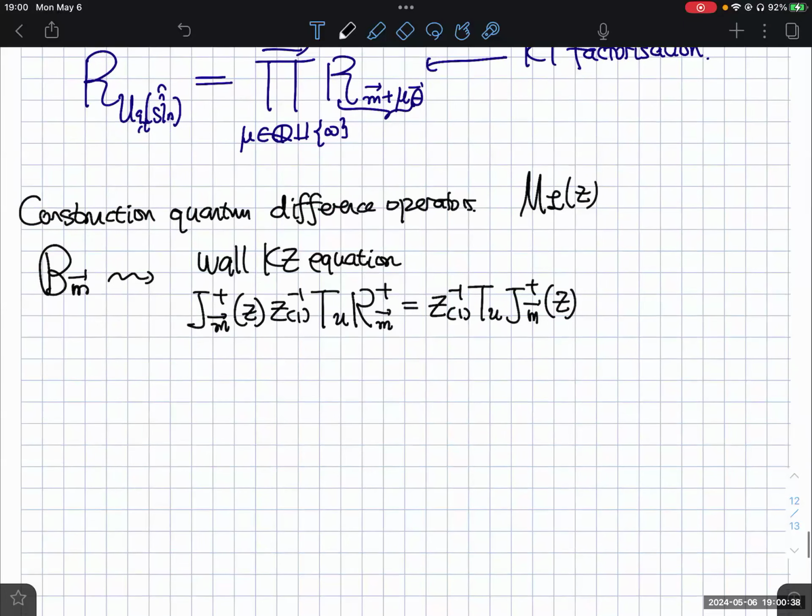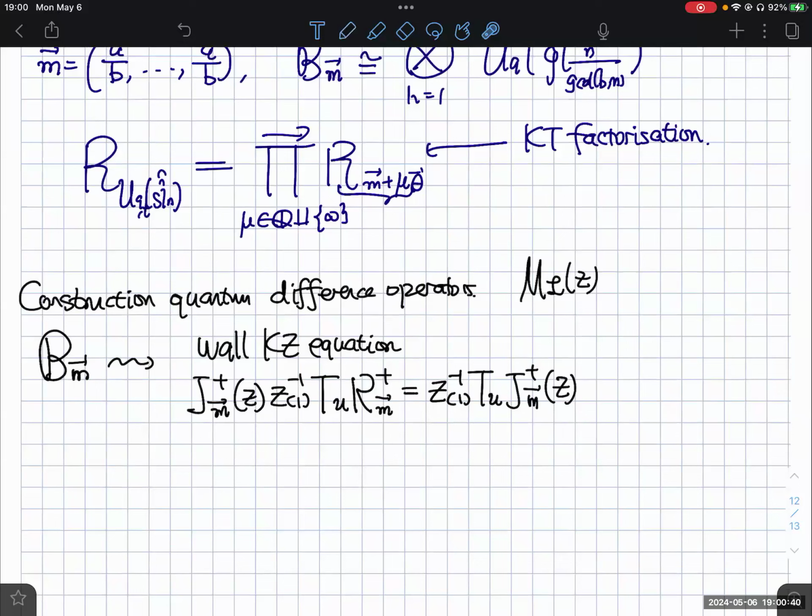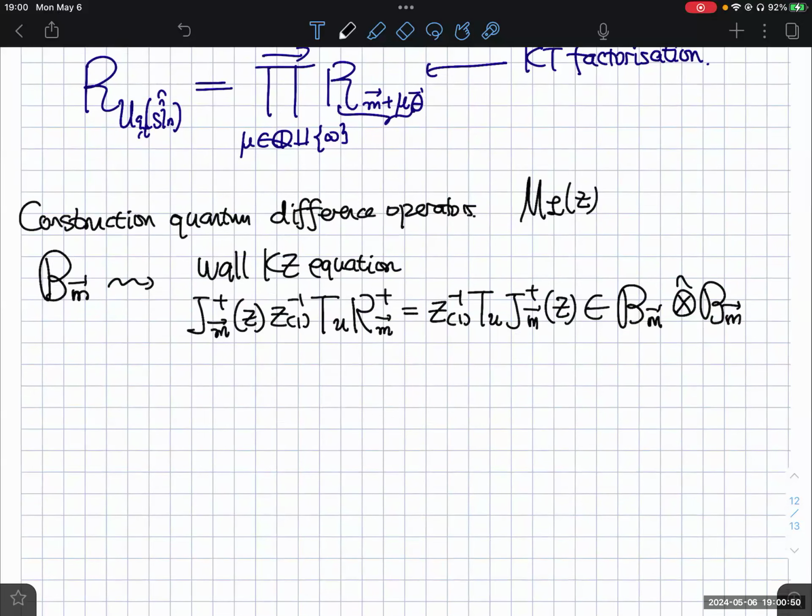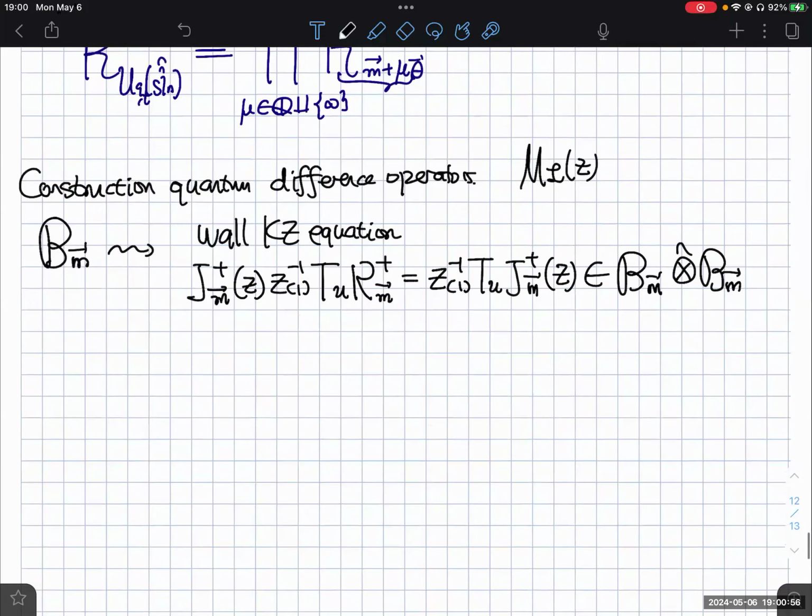And the point is that if you use the KT factorization of the universal R matrix here, you can write down the solution for this equation. But the solution is really dirty, so I won't write down the solution here, but only go through the procedure. For arbitrary ones the formula will be really dirty, but in our case it can be really beautiful.